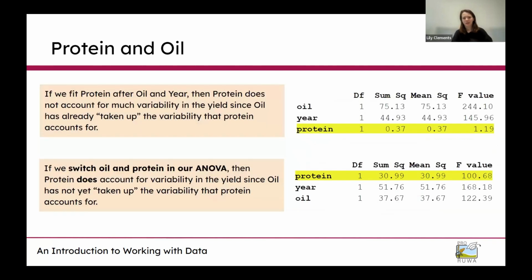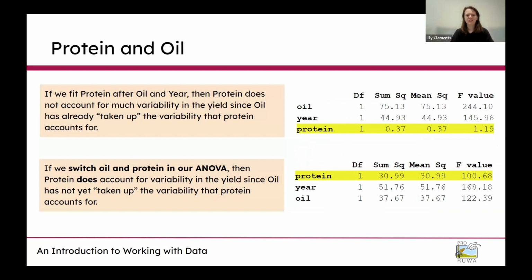So just to illustrate, in our first ANOVA here, if we fit protein after oil and year, then protein does not account for much variability in the yield, since oil has already taken up the variability that protein accounts for. But if we switch that, if we put protein in before we put oil in, now our F value for protein is much, much higher.